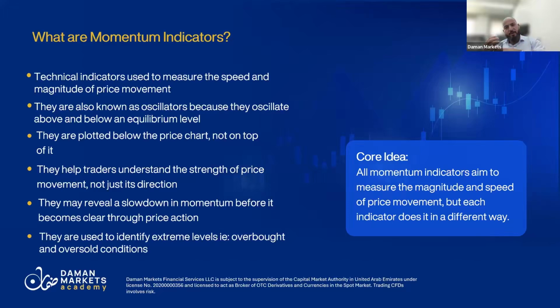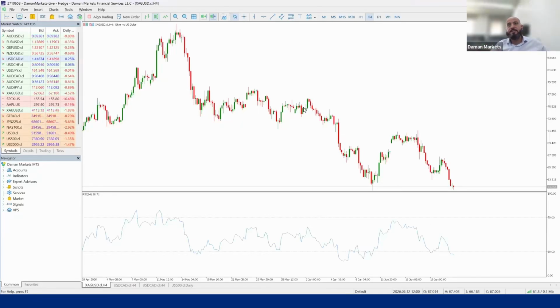So most of the drawings that you see on the chart are basically drawn on the price action itself. Let's make this session as practical as possible. So this is the price chart.